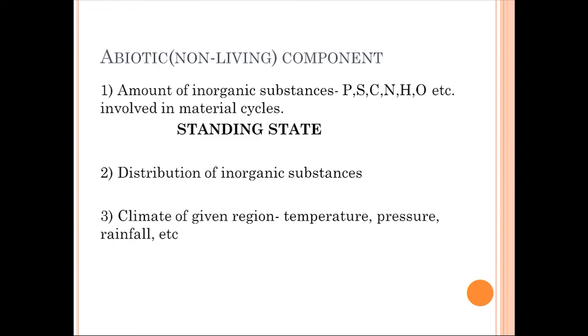Some elements may be present in trace amounts like cobalt, magnesium, selenium, zinc, all of these are the abiotic component of the environment. Now, the amount of these inorganic substances present at any given time in the ecosystem is referred to as standing state.